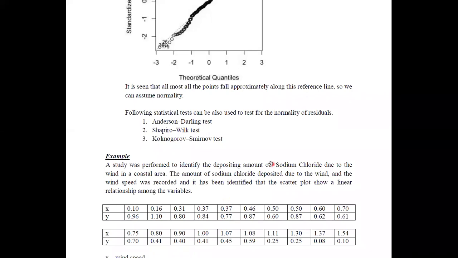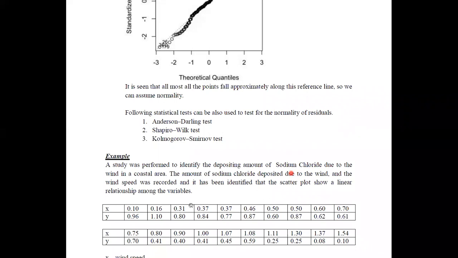According to the example, they need to identify the relationship between the amount of sodium chloride deposited due to the wind. Due to the wind, the amount of sodium chloride may vary. Therefore, sodium chloride depends on the wind speed.